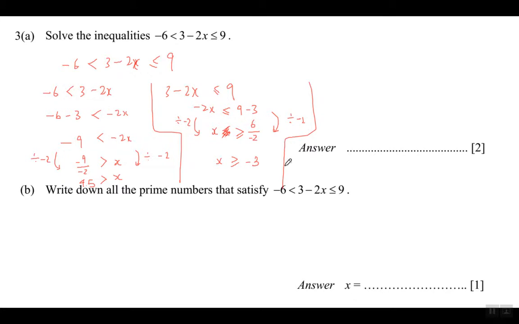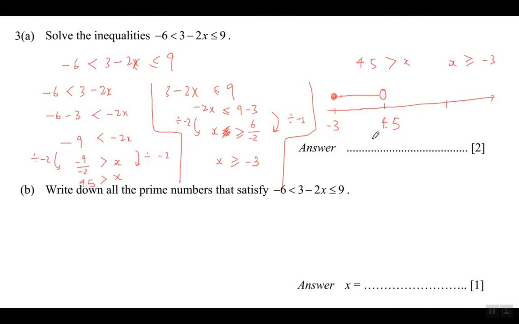If I combine the two answers, I get x is smaller than 4.5, and x is greater than or equal to negative 3.